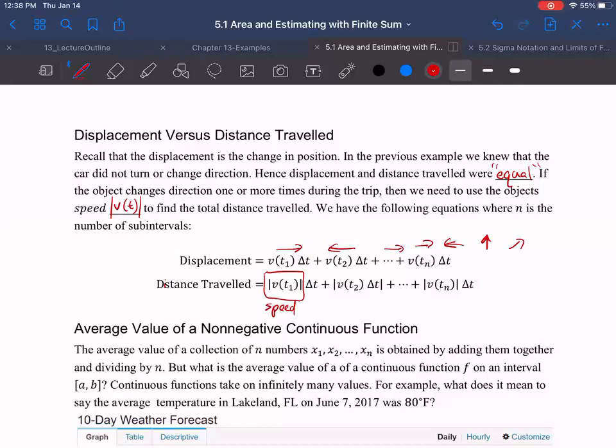Where's an example where this would be different? Well, if you're thinking about something like race car driving, say maybe like the Indianapolis 500, I think they drive 500 miles going around in circles. When they start, they go all the way around a whole bunch of times, and they end up right where they started.